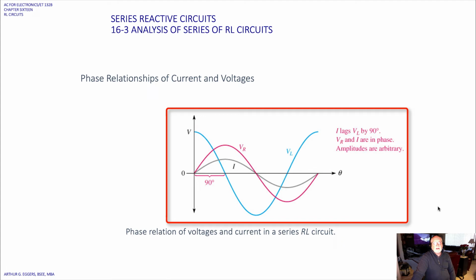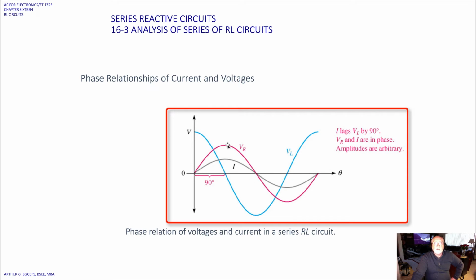If we look at the sinusoidal relationship here, we can see the voltage for the source, in this case the blue trace, and the voltage for the inductor. We've got the voltage across the resistor, and we've got the current through the resistor.